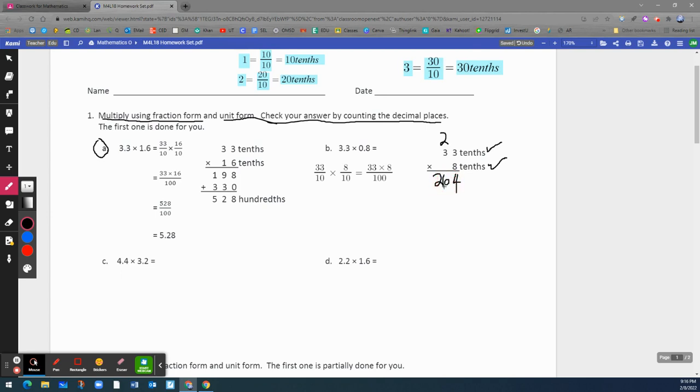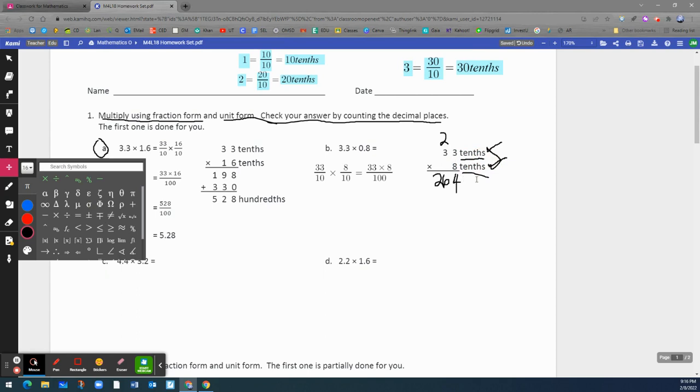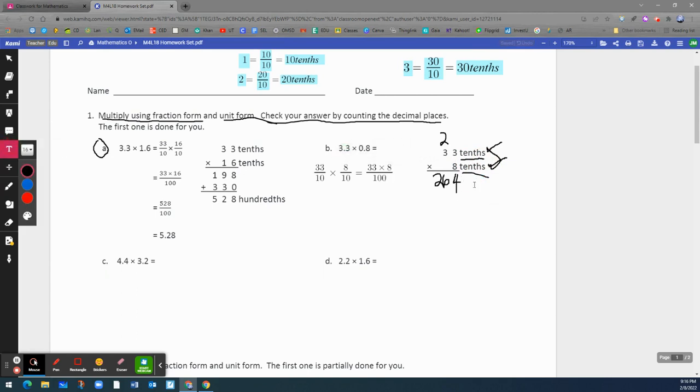Okay? So what is 26? Well, 26 what? Since we're using units, we multiply 10 times 10, that equals hundredths. So that's going to be 264 hundredths. Let me write that with words: hundredths.